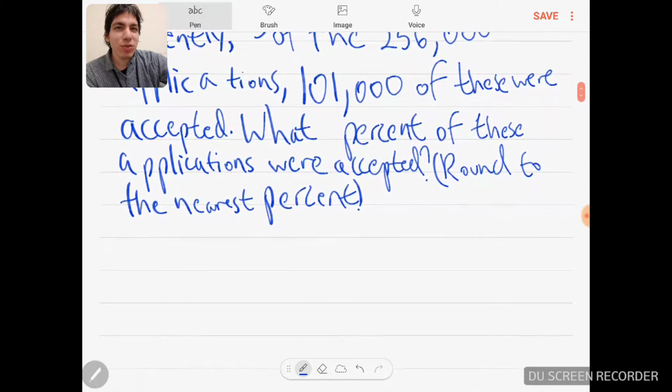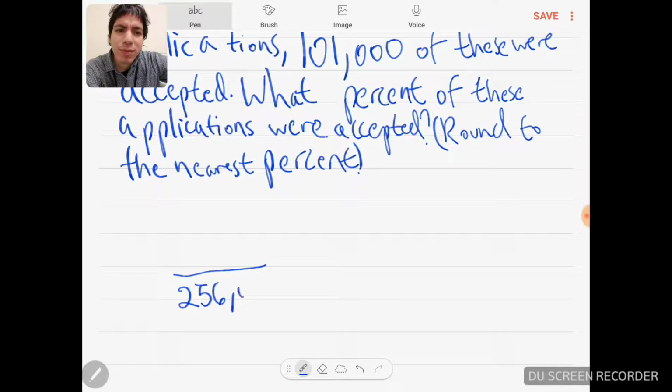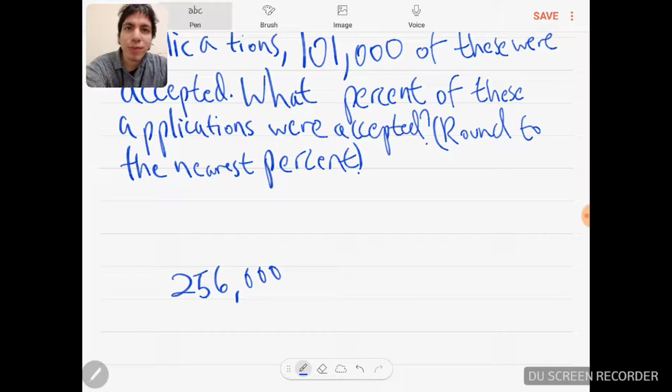So let's think of it this way. In total there were 256,000 applicants, so think of that as your total.